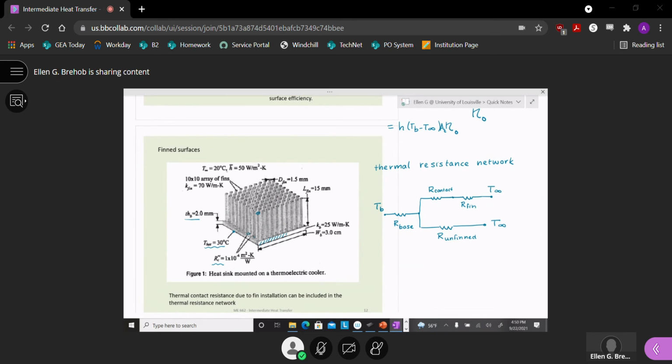Okay. And we could assemble this to get an overall thermal resistance for this combined section, some of the heat going through the fins, some of it going through the unfinned base area.